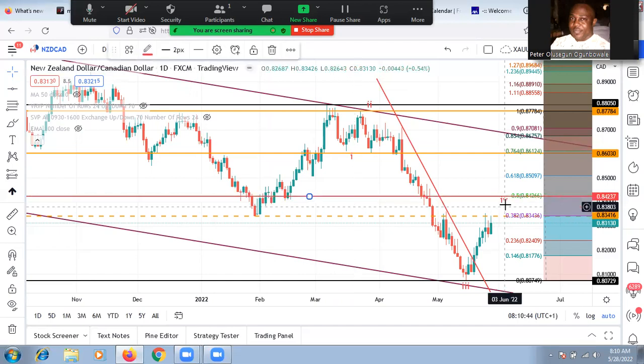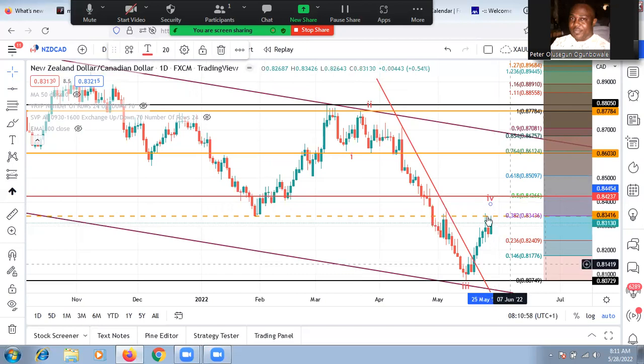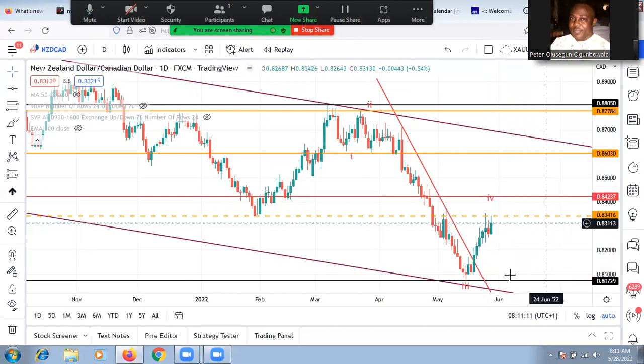So this area is where I expect 4 to terminate, for me to have one more leg down. For if this one is A, this one can be a B and a C before we move further down. Now, the inside of this correction is where our interest lies.